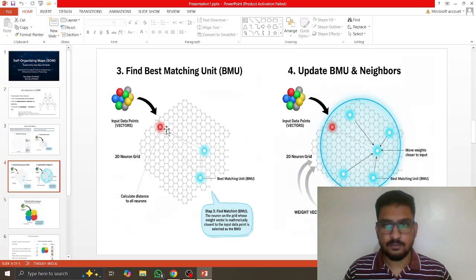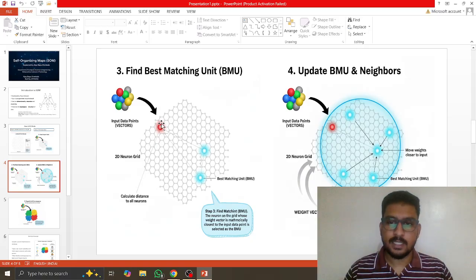And in step 4, when we find one BMU, the nearby neurons in that grid will automatically change according to the input data point. The neighbors will try to get closer to the input, with their weight vectors adjusted, meaning the neighbors adjust their weights according to the input point.